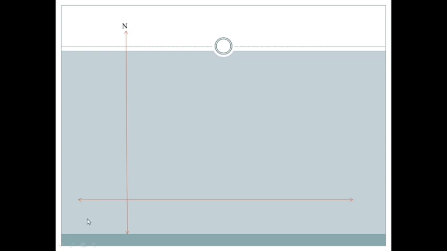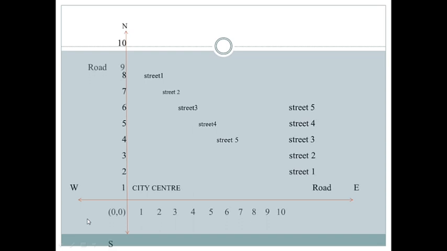Okay. So here the directions are given: north, south and east, west. This is one street, or we can say one road, whose direction is north to south, and this is another crossing road that is east to west. Now this is the origin, so we will write here 0, 0.